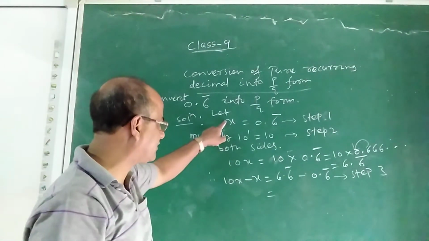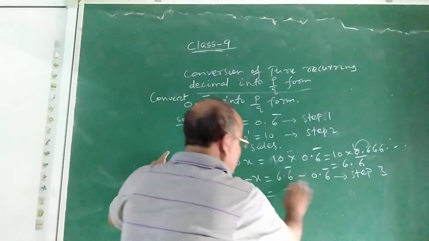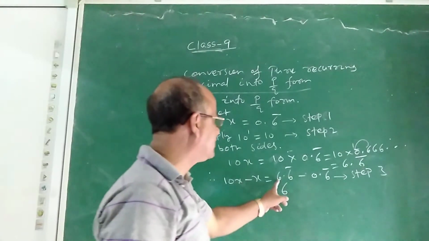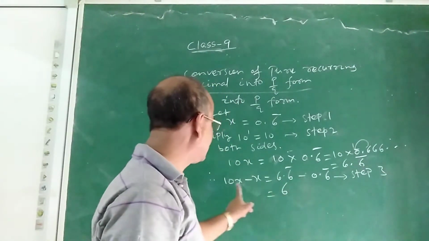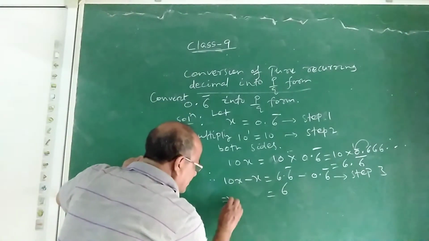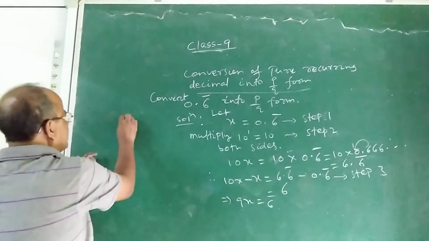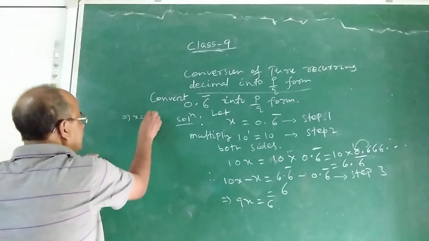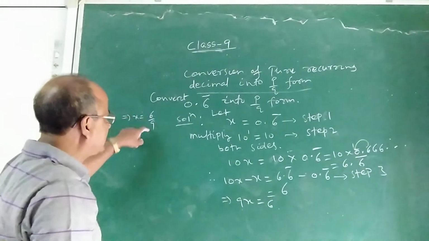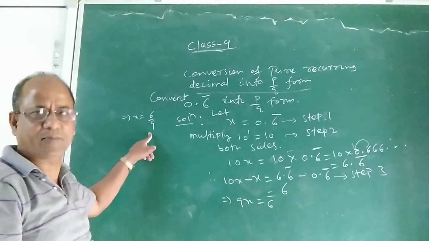That is 10x minus x equal to 6.6 bar minus 0.6 bar, and the 6 bar cancels automatically, so 6 minus 0 is 6. That means 10x minus x equal to 6, so 9x equal to 6. So x equal to 6 by 9, and then you reduce it to lowest terms, because 6 and 9 have a common factor.